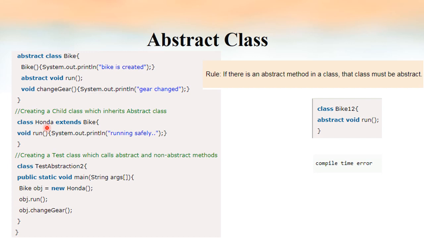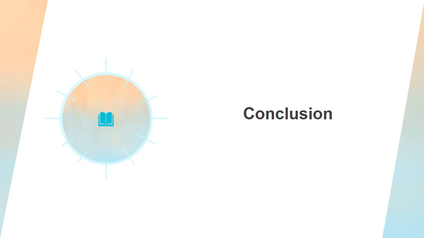That is compulsory. That means if the child class is extending an abstract class, then definitely this child class must provide the implementation of the abstract method inside the parent class. But if it is not interested to give implementation to the abstract method, then this class again has to be declared as abstract by using the abstract keyword. I hope it's clear.